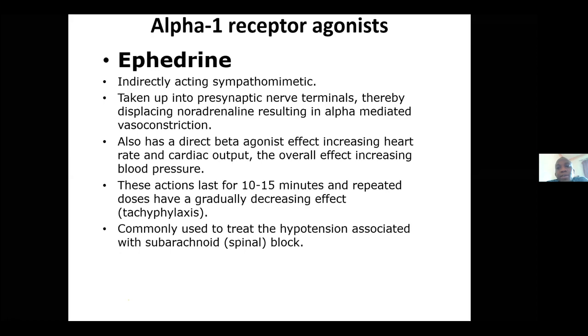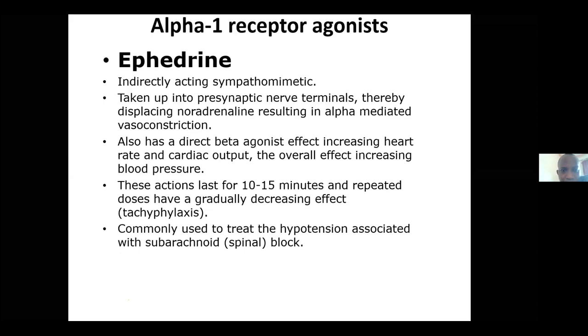Epinephrine works on alpha-1, alpha-2, beta-1, and beta-2 receptors. So it works on all the adrenergic receptors. Norepinephrine works on all the adrenergic receptors except beta-2, okay? And this is very important when you're thinking about the treatment also. I think I'll mention it in the later slides.